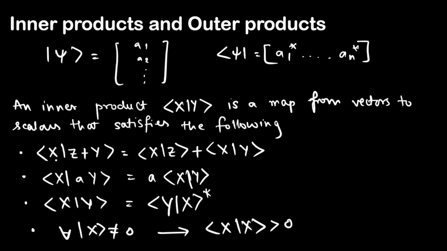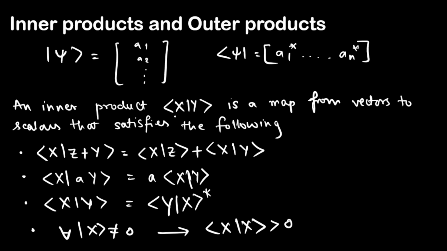The inner product of x with z plus y gives us x inner product z plus x inner product y, and x with inner product y acts linearly with a scalar multiple. Also, x inner product y is equal to y inner product x with a complex conjugate, and for all x not equal to 0, x inner product x is always greater than 0.